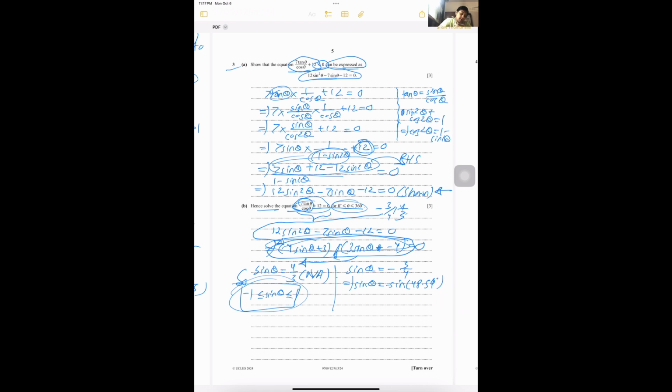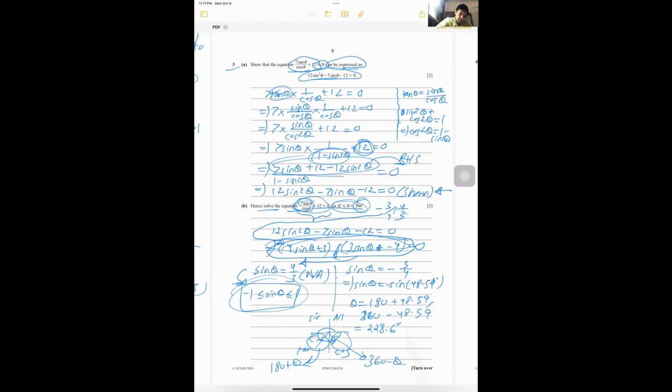48.59 degree. So sine is negative, so all sine, tan, cos. So sine is negative in these two quadrants, so we'll have a 360 degree movement. 360. So one solution here. At this quadrant it's 180 plus theta. At this quadrant it is 360 minus theta. So therefore theta equal to 180 plus 48.59 comma 360 minus 48.59, which is 228.6.